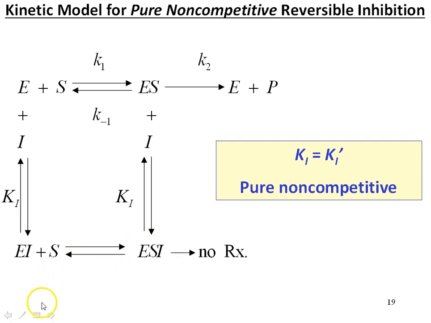The extent by which the inhibitor leaves its site on the enzyme is unaffected by the presence of a substrate. It's indifferent. Whether the enzyme is bound to a substrate like here or not bound to a substrate does not affect the extent by which the inhibitor leaves that enzyme to give free enzyme and inhibitor, or free enzyme substrate complex and inhibitor. They are not interfering with each other, the substrate and inhibitor in this case.